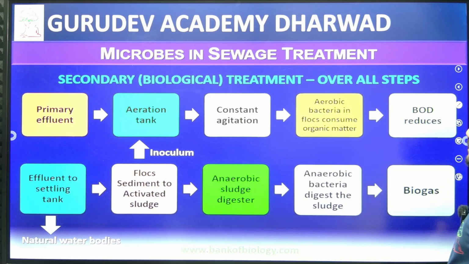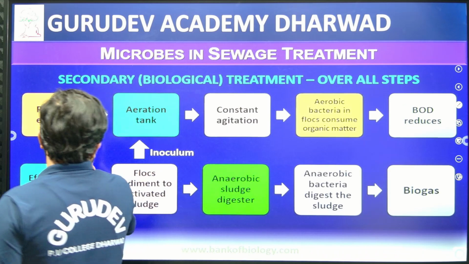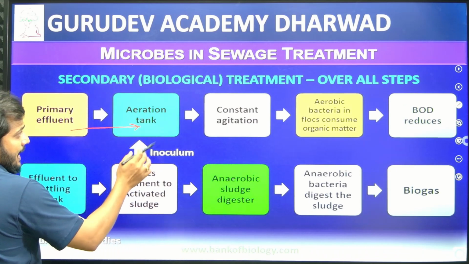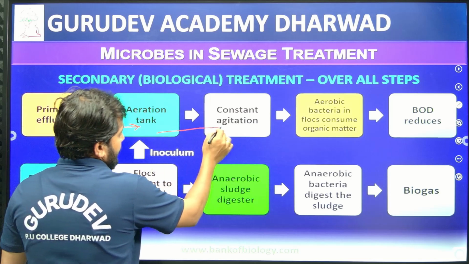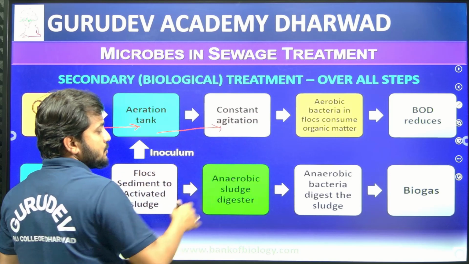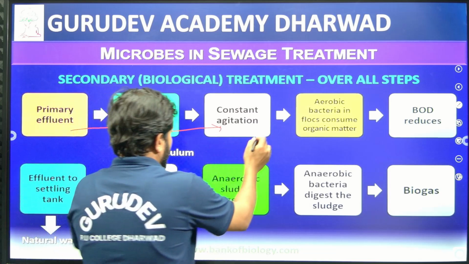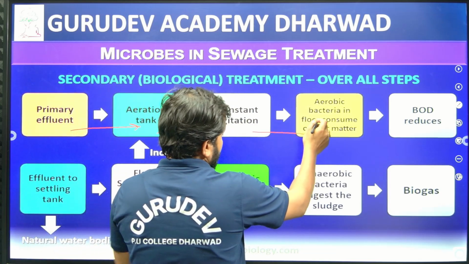Overall, the primary effluent is passed on to the aeration tank, where constant agitation is carried out. Agitation means mixing, continuously supplying air. Then aerobic bacteria grow.